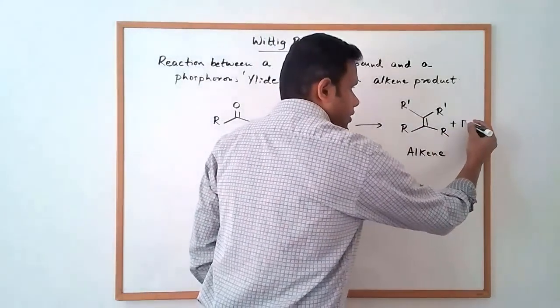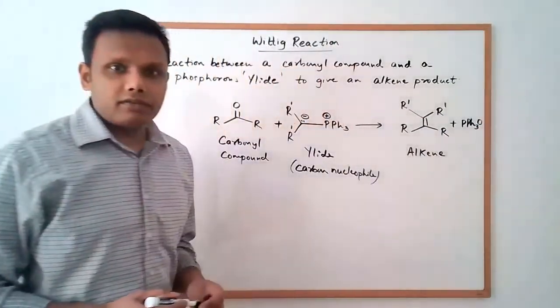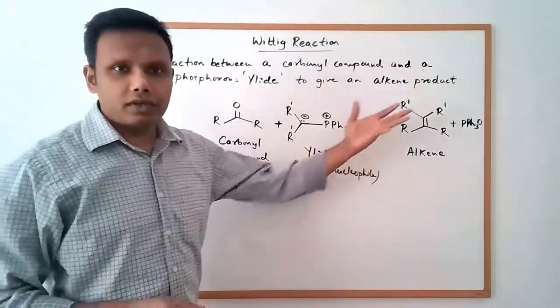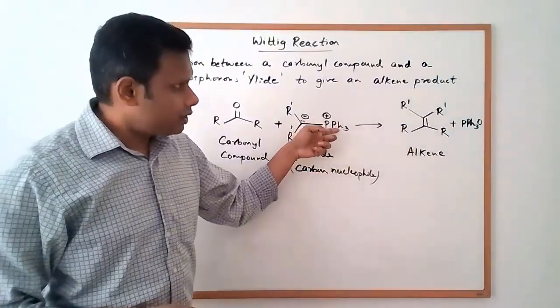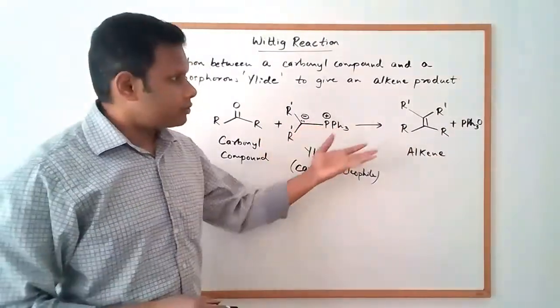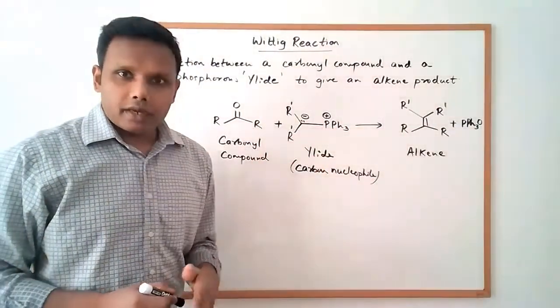And along with it, you make a byproduct, which is triphenylphosphine oxide or a phosphine oxide. In this specific case, I've used triphenylphosphine, but if it is not triphenylphosphine, it will be some other phosphine oxide. So that's the overall reaction.